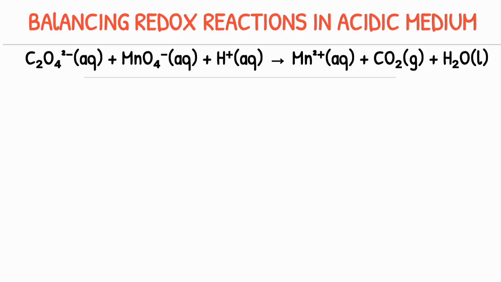This is a redox reaction on the board, meaning it is undergoing oxidation and reduction. Our job is to identify which element is undergoing reduction and which is undergoing oxidation. First and foremost, we are going to determine the oxidation number of all the species involved in this reaction except for oxygen and hydrogen.